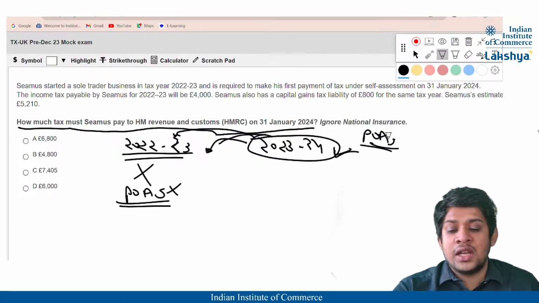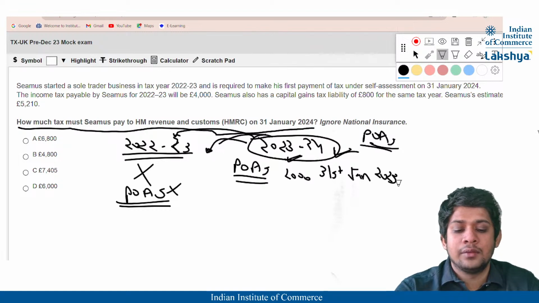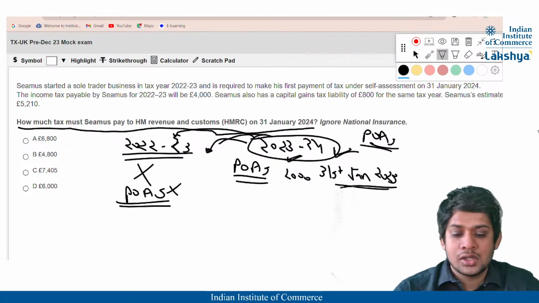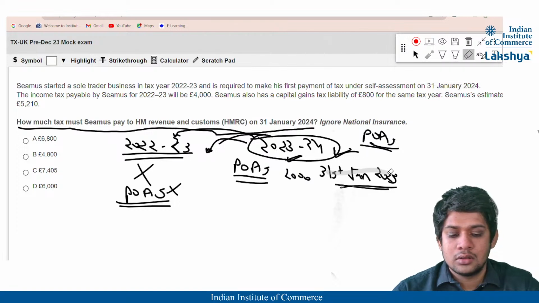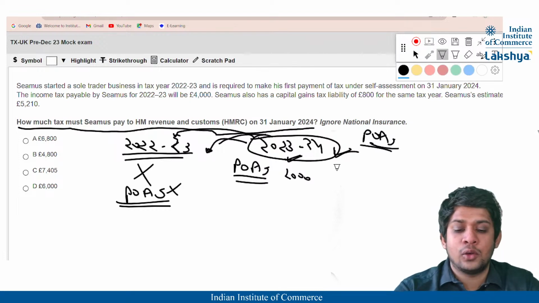Firstly, when will these POAs be paid? 2,000 will be paid on 31st Jan 2023. Sorry, the tax year is 2023-24, right?